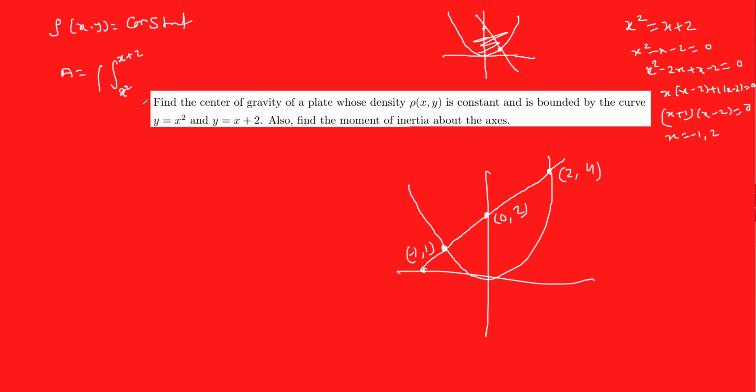So first we find integral area. Area is what? X squared to line, dx dy. And then x goes from minus 1 to 2, right? So first we find area. What is area?